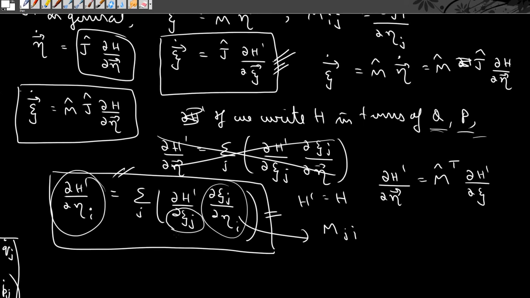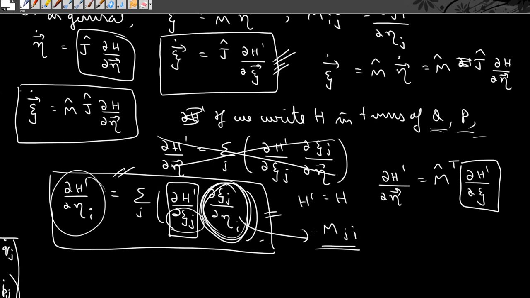Okay, so basically what I am writing is that I am keeping this, and making use of the fact that these are the elements of the Jacobian matrix, in fact the ji-th element, and in order to write this equation in the matrix form, I will have to define a matrix which is the transpose of the Jacobian matrix.